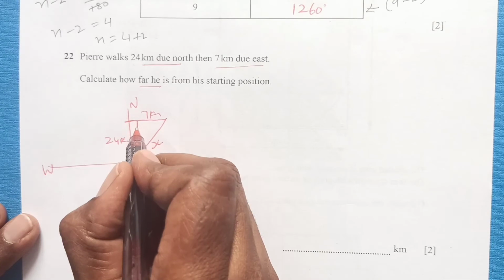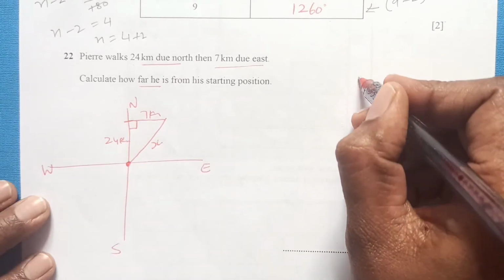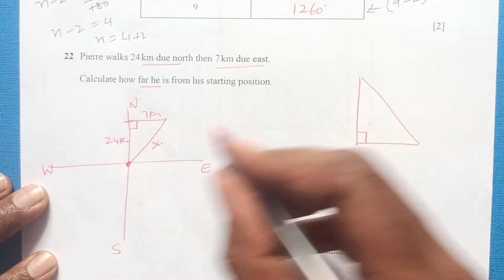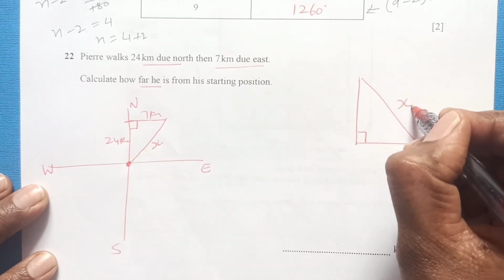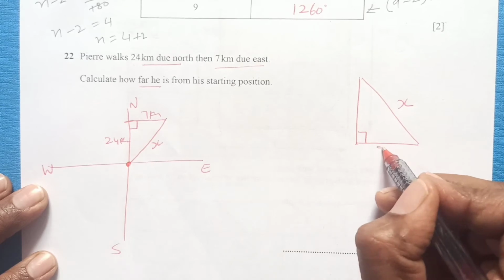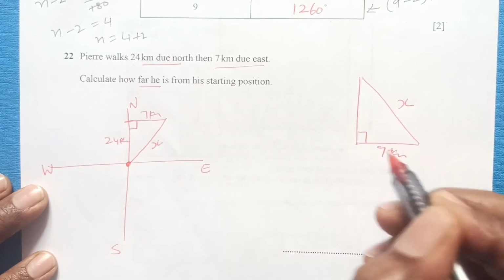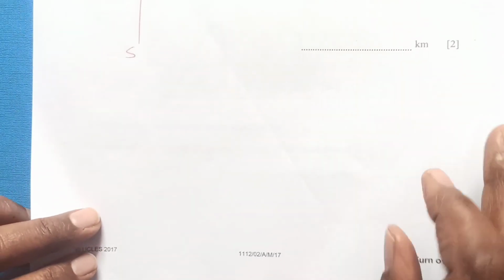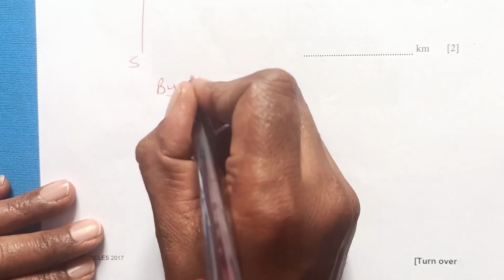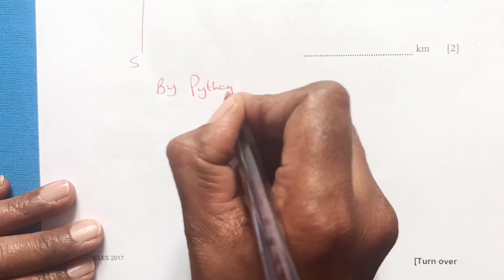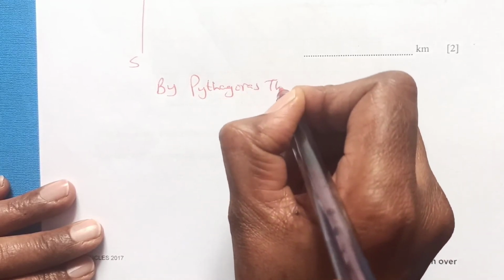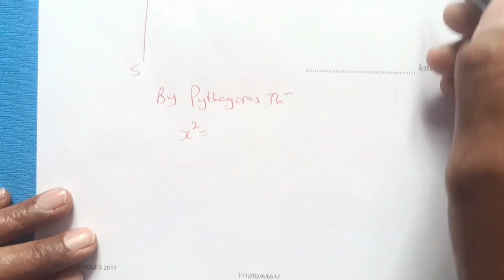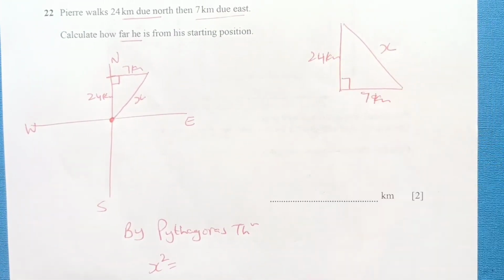So you can see this is a right angle triangle. So let me just draw a rough diagram here. This hypotenuse is your x, and this one is 7 kilometers and this is 24 kilometers. So we are going to use Pythagoras theorem for this. By Pythagoras theorem, we have hypotenuse squared. So x squared will be equal to the sum of the squares of the other two.